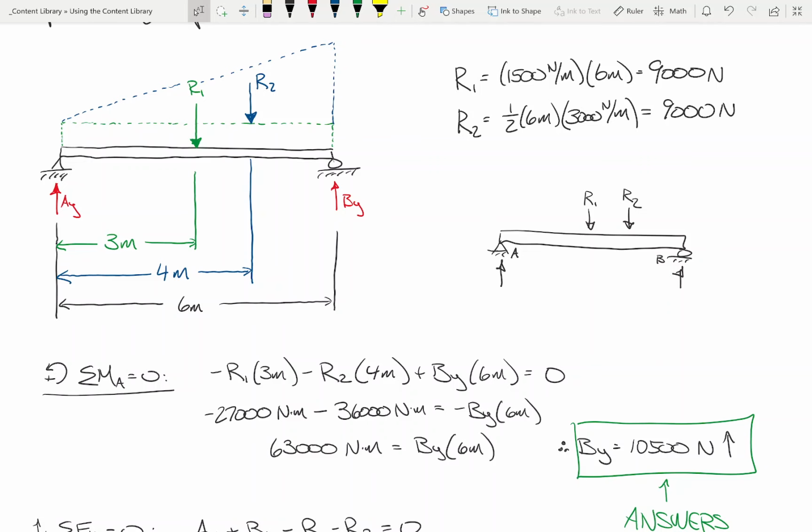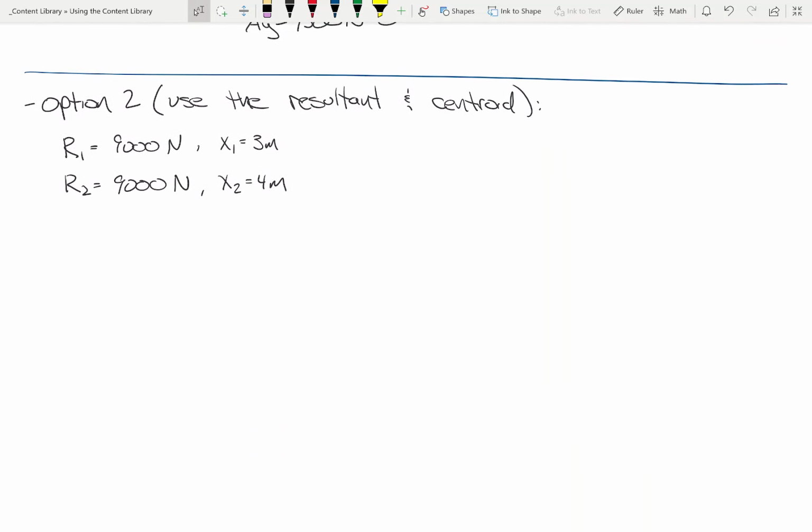So what I'll now do is say, okay, let's sum up the R's to get a resultant. And let's do this.